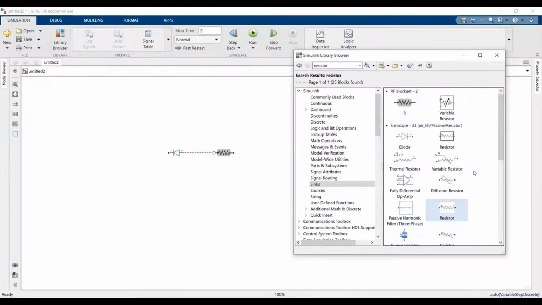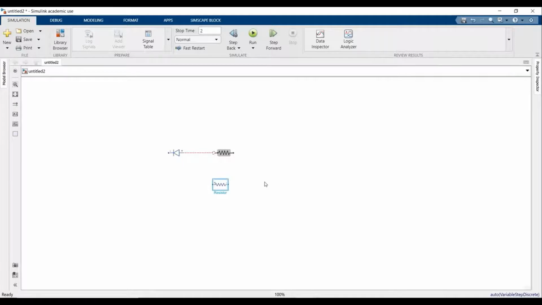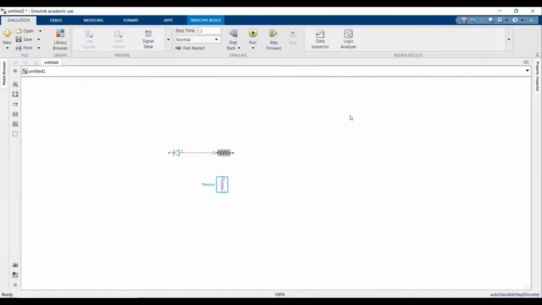So here's another resistor. It's in the Simscape. So if I take this out, let me rotate this. Okay, you can see that now it's a blue line.